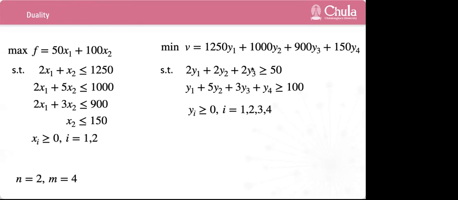We don't have y4 in the first constraint because the coefficient in the primal problem is 0 there, but here the coefficient is 1, so we have y4. The relationship again says greater or equal, and the right hand side we extract from this coefficient.